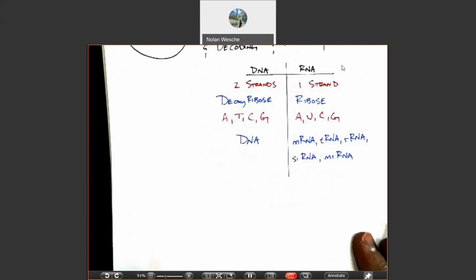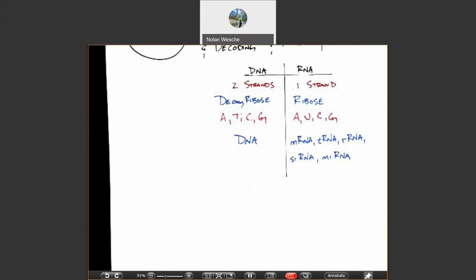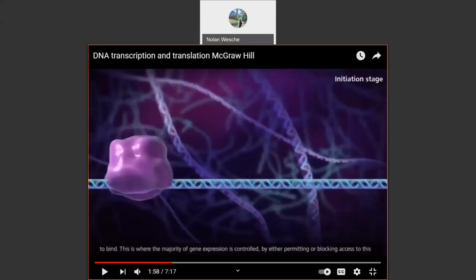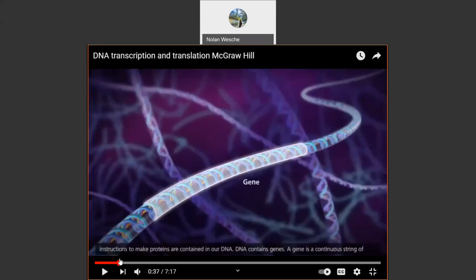All right. Next thing we're going to look at. We're going to bring in a diagram or a clip right here, and we're going to look particularly at this piece here. This is a gene, and a gene represents a section of DNA that codes for a particular protein. Here's our DNA strand. This gene codes for any number of proteins. It could be 100, it could be 10, it could be 5.